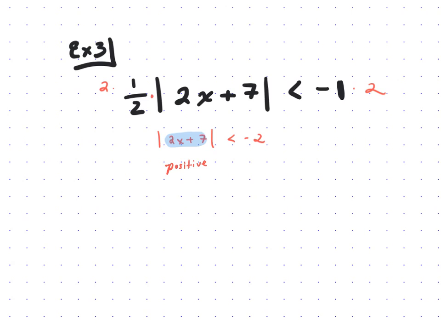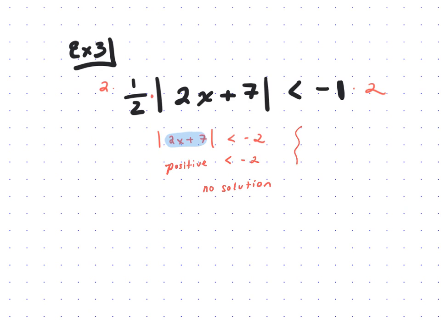Now, what positive numbers are going to be smaller than, to the left on the number line of, -2? Well, things that would make it true are numbers like -10, -4, -100. But no positive number is ever going to be less than a negative. So this is impossible. So we're going to say no solution.